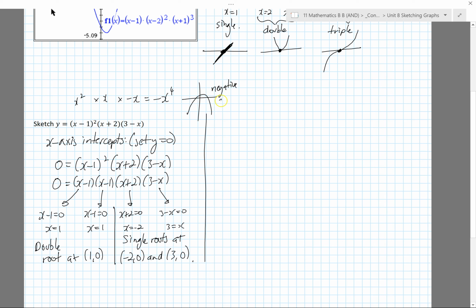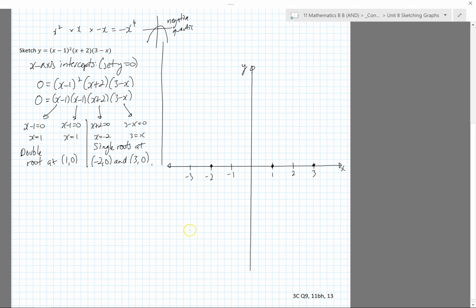So from here, I'll draw up my axes. I can mark these points on, so I'll put my double root at 1 and single roots at -2 and 3. I know this is a negative quartic, so it's coming from down here somewhere and it's going to end up down here. When I pass through this line, it'll be relatively flat.